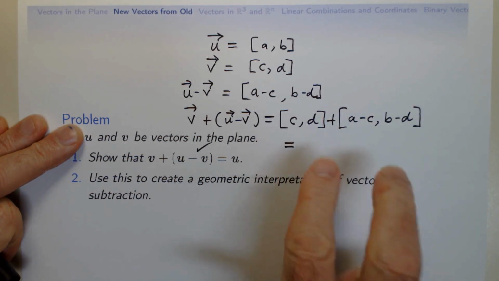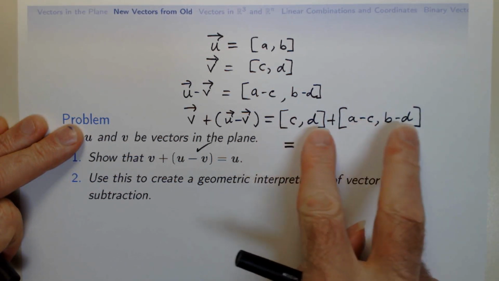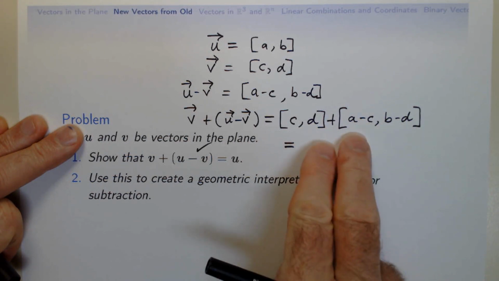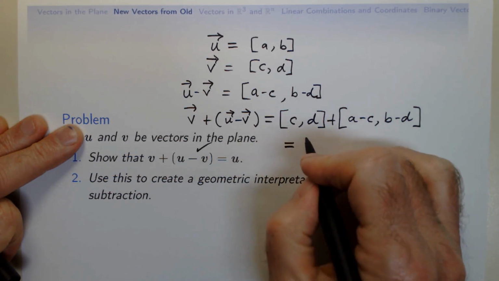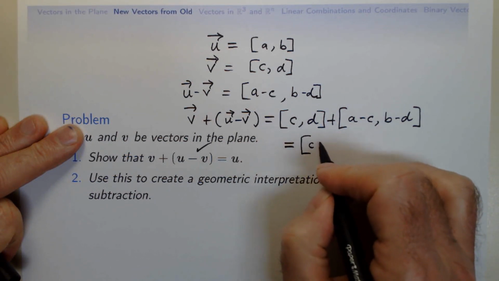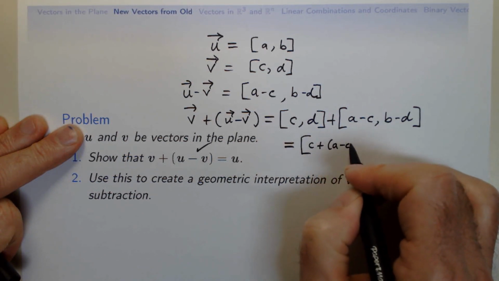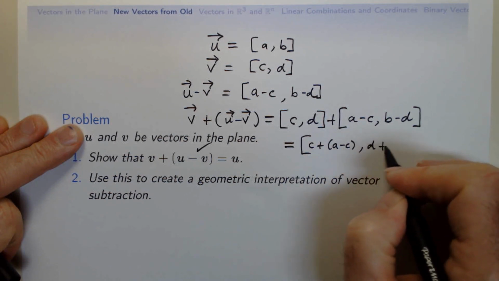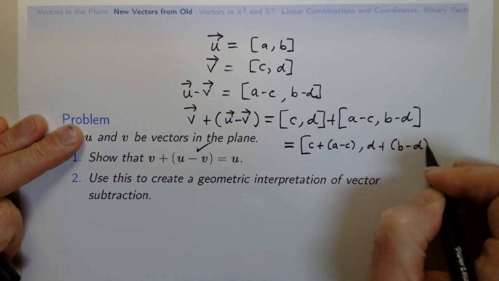And when I add two vectors, I simply have to add their first components and add their second components, and those become the two new components of the resultant. So I'm going to have c plus a minus c, and I'll have d plus b minus d.